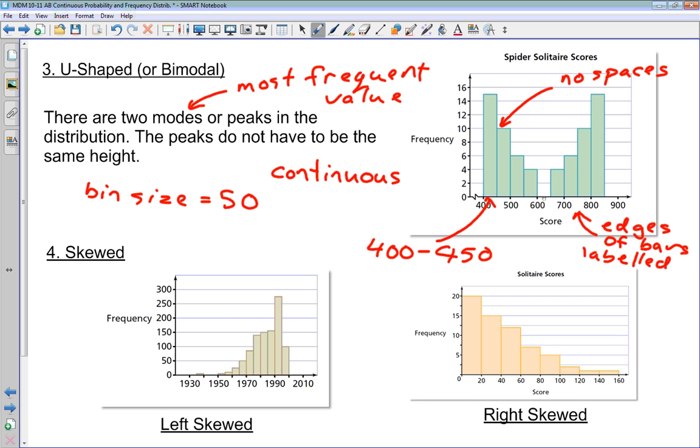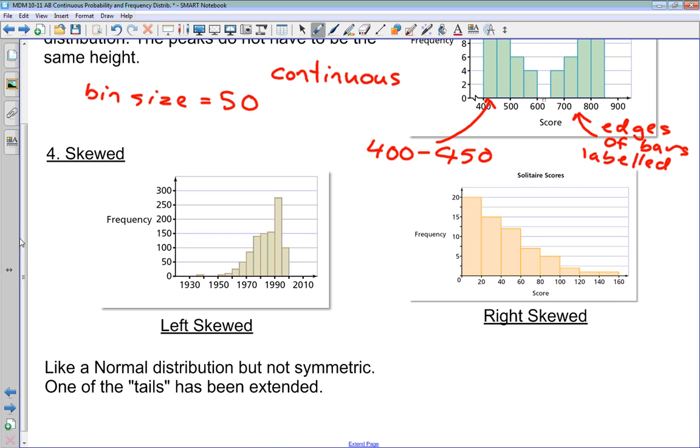Okay. Finally, we have what are called skewed distributions. So these are basically normal distributions or mound-shaped distributions that have been pulled to one side. Okay, it's like a normal distribution. We have a recognizable peak, but one of the tails has been extended. So in this one, our left tail has been pulled out and made bigger, so we call this left skewed.